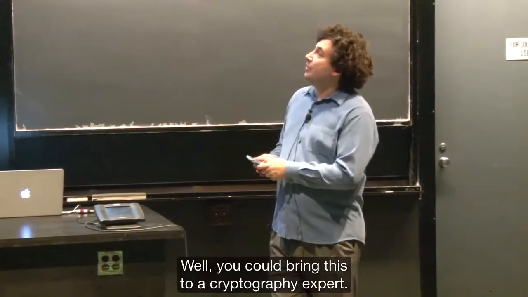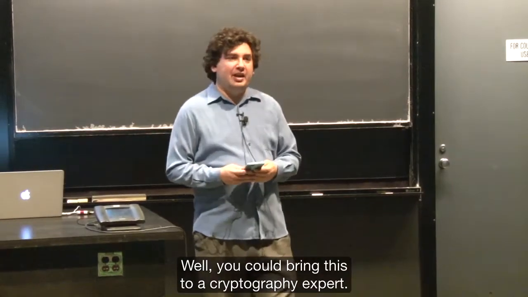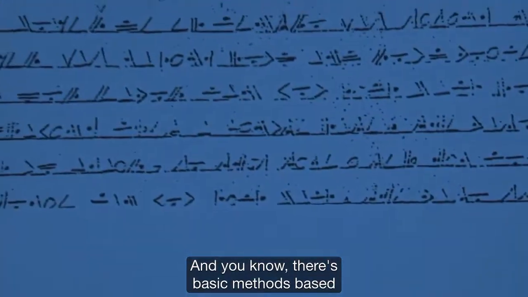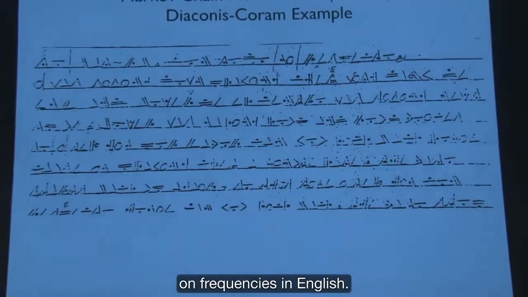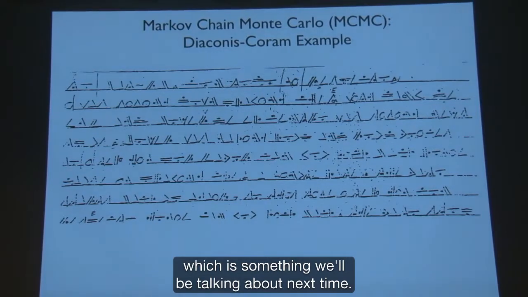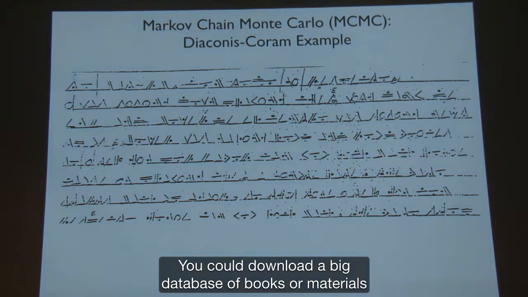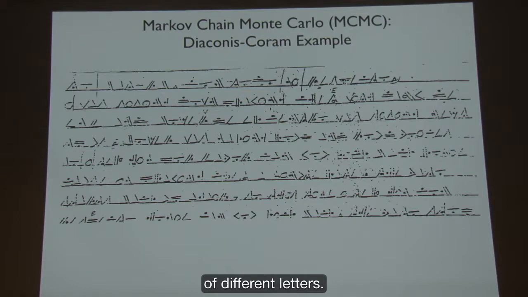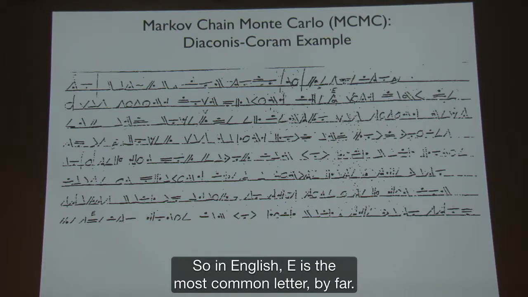Well, you could bring this to a cryptography expert, and there are basic methods based on frequencies in English, and this actually gets us into text analysis, which is something we'll be talking about next time. You could download a big database of books or materials written in English and then look at the frequencies of different letters. In English, E is the most common letter by far.